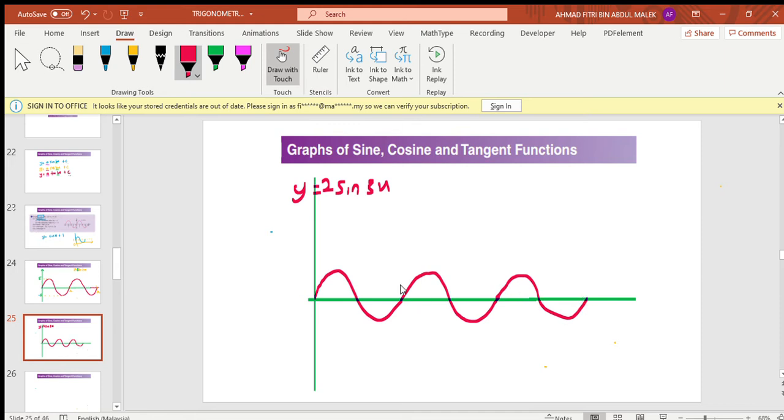Okay, neglect the unsharp drawing. Draw as smooth as possible. The drawing in this computer is quite hard. So here, make sure that all the amplitude, the maximum point and the minimum point are equal as possible.